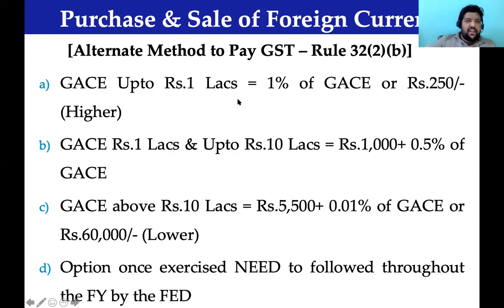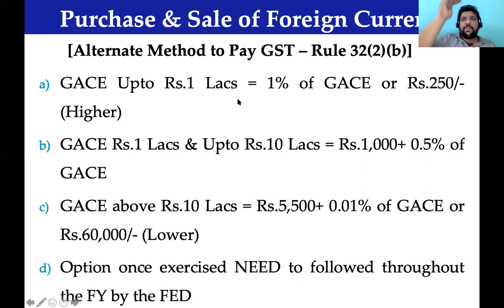Similarly, if they are selling foreign currency, the selling rate of the foreign exchange dealer into the number of foreign currency units will give you the gross amount of currency exchanged. Once you get the gross amount of currency exchanged, check whether it is less than 1 lakh, or more than 1 lakh but less than 10 lakh, or more than 10 lakh.